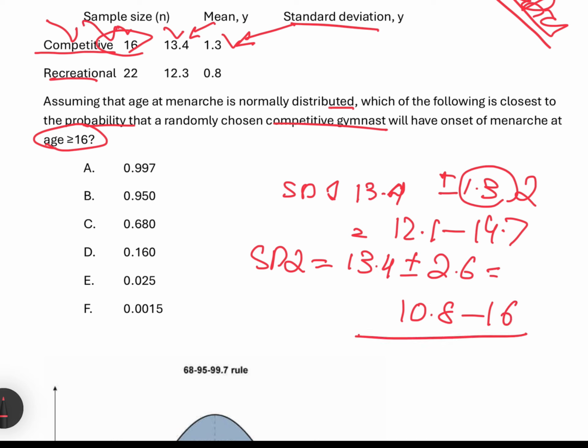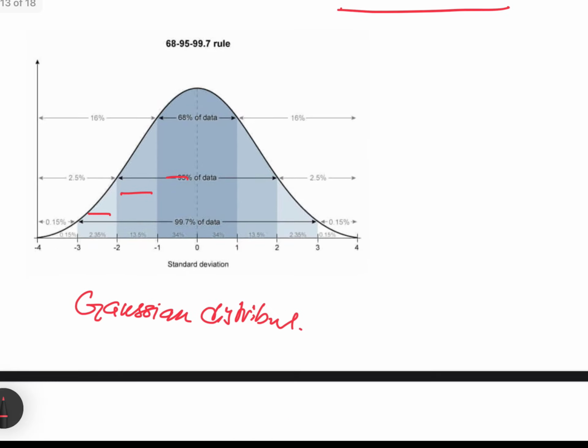So in this distribution graph, we have to use two standard deviations. You know that the second standard deviation covers 95% and the first covers 68%.